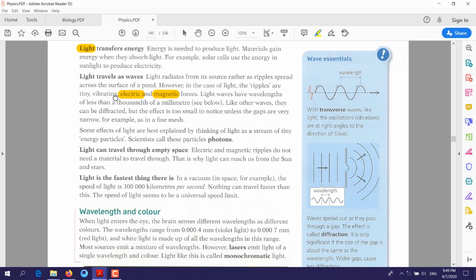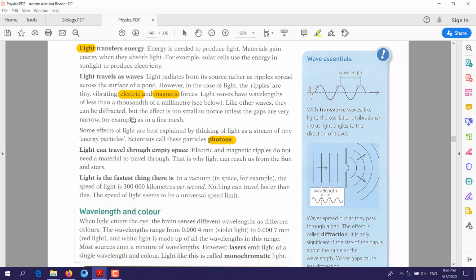What kind of waves? We call them electromagnetic waves. To explain more, scientists agreed to use the word photons, which are the particles of light.